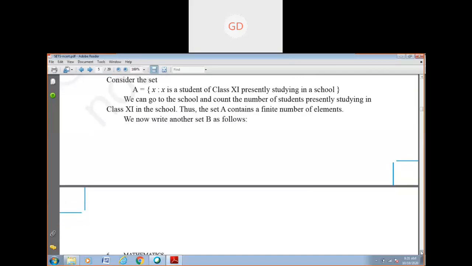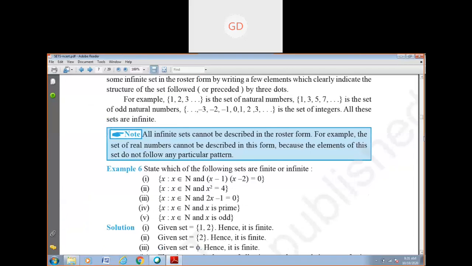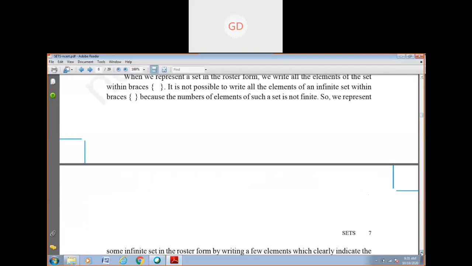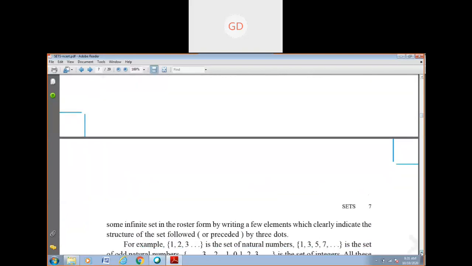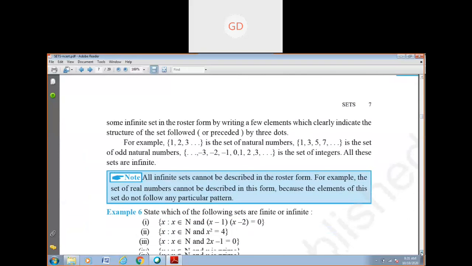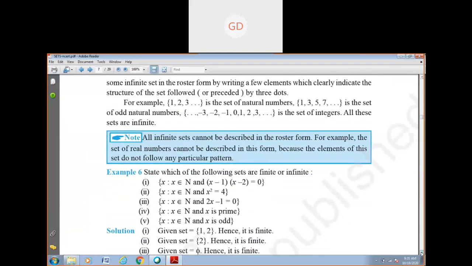Next, another type, that is finite set and infinite set. Again, in terms of number, some sets are said to be finite and some sets are said to be infinite.